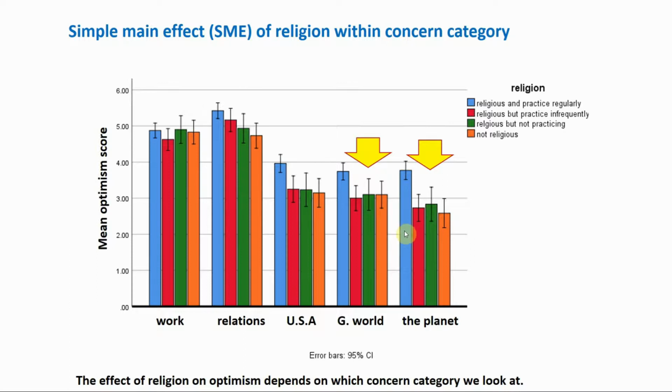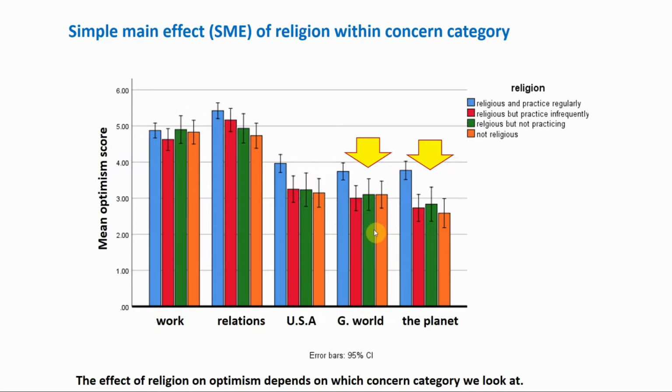Now, once you finish that, you move over to this group. Here again, you're comparing the means of religion, but only for global world this time. So again, it's going to be a one-way independent ANOVA, because the people in each of these religious categories are different people. So a different group of people in this blue group compared to the red, green, and orange.